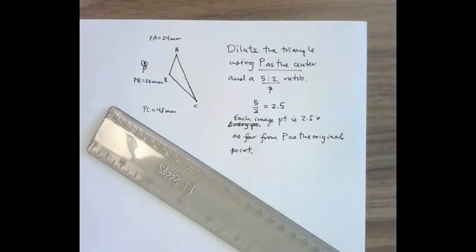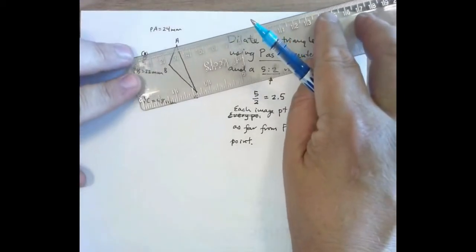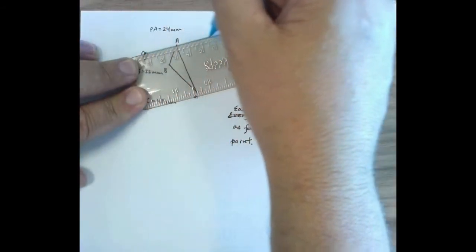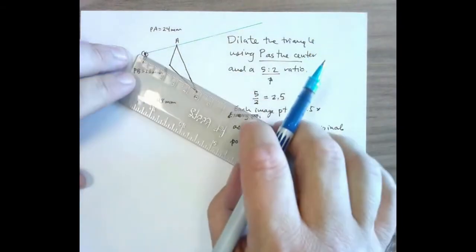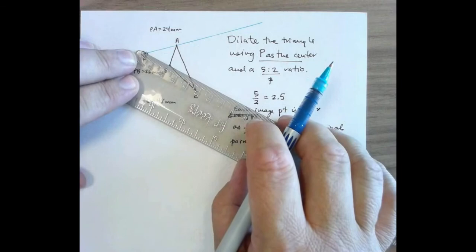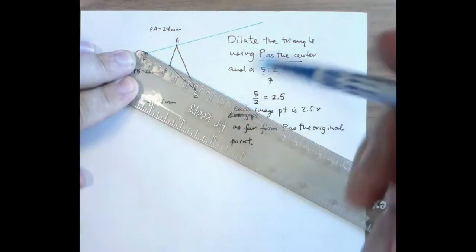What you can do if you want, I'm going to get out a different color here. So I'm going to now draw these lines from P through A, because this is not actually part of the dilation. These are just guidelines. So the points are going to move along this line. They're going to move, in this case, farther. They're going to move away.